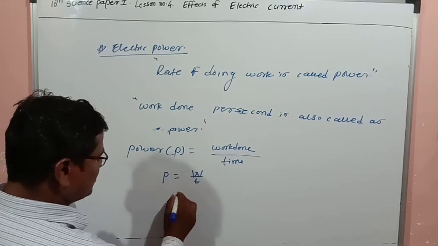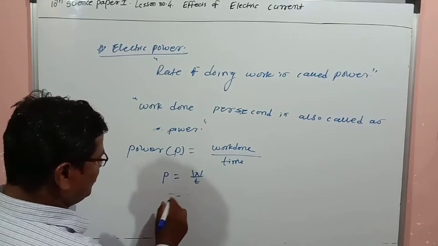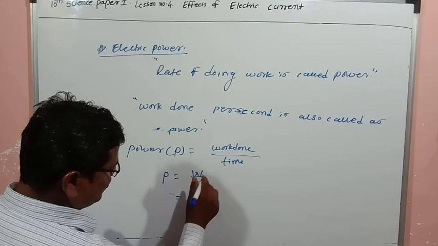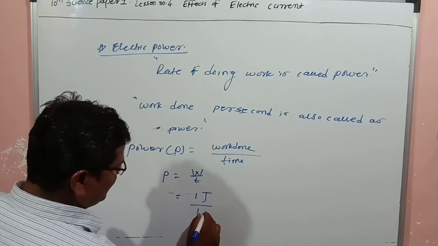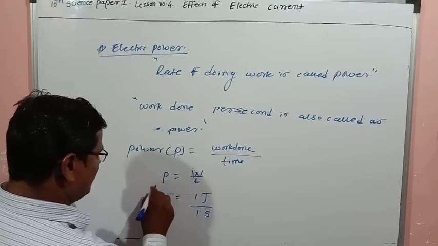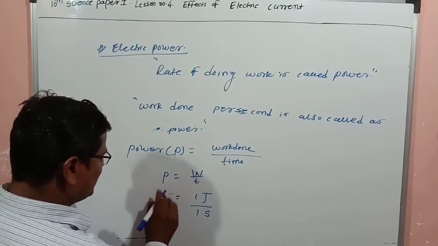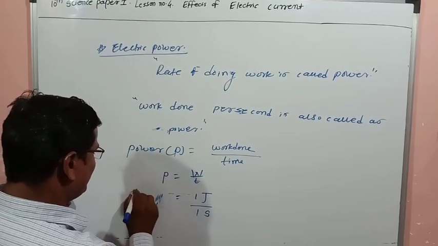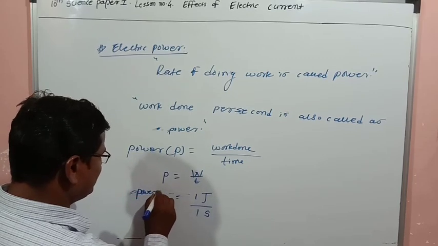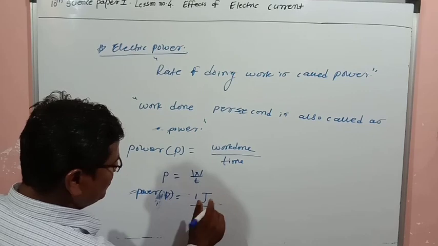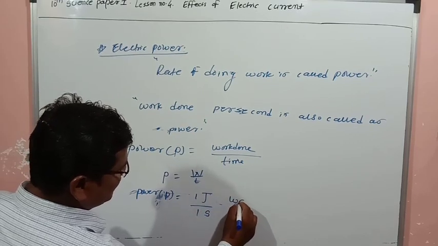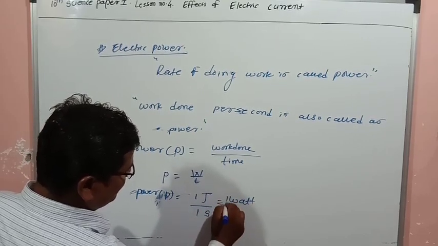But your power unit will be there. You will find the unit. Work done is in joule and time is in second. So power P is equal to W upon T, and the unit is joule per second, which you call watt.